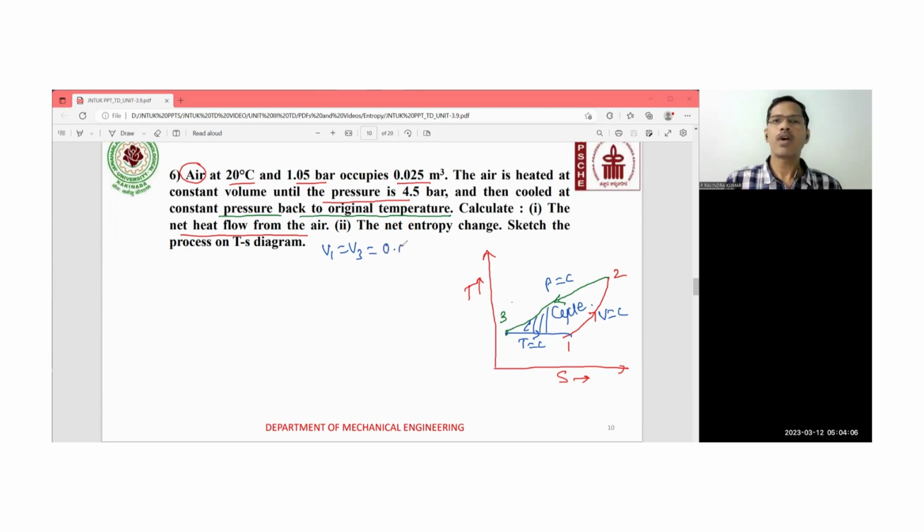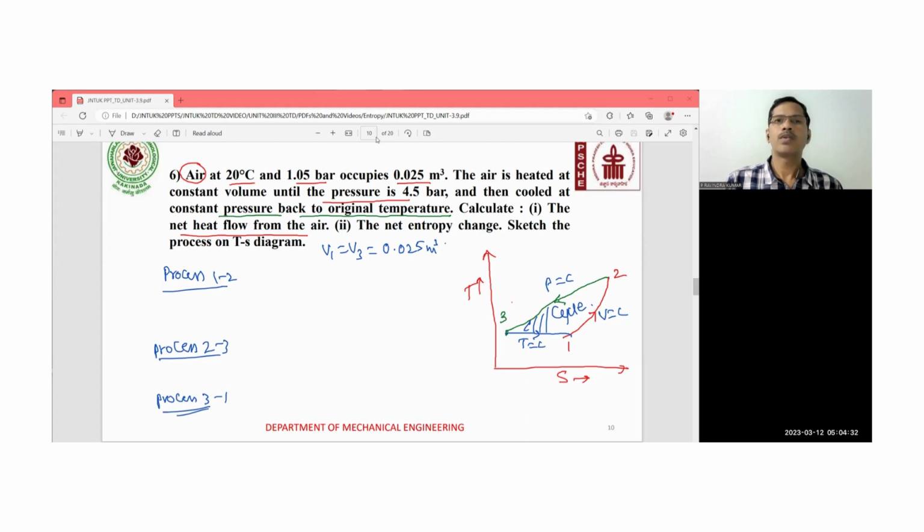It is the constant volume, that is 0.025 meter cube. So in this process, come to the process 1 to 2. Next one is process 2 to 3. Next process, 3 to 1.